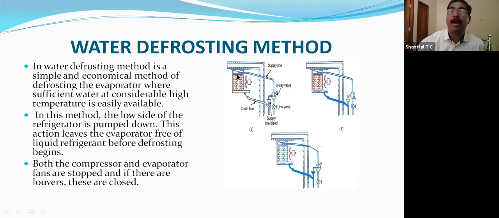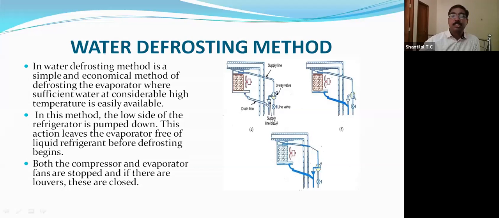The water temperature is 25, 28, 30 degrees, or you can raise the temperature with the help of heaters. Frost is at 0 degrees. When this 30 degree water is sprayed over the evaporator coil, the frost melts, collects at the bottom and is drained out.